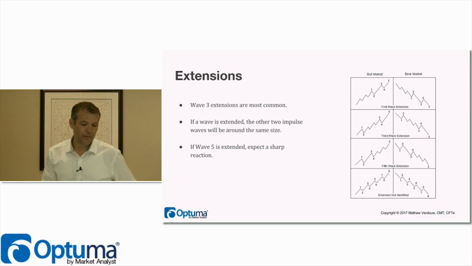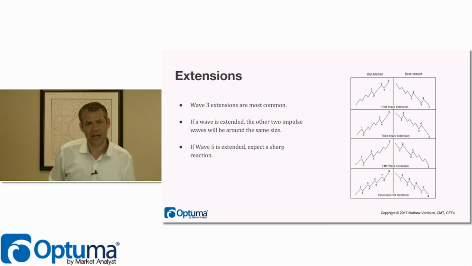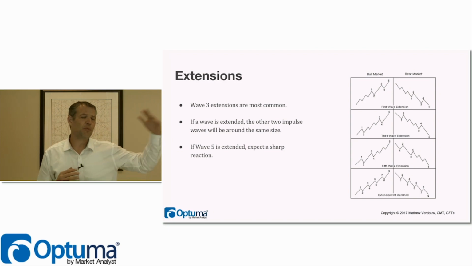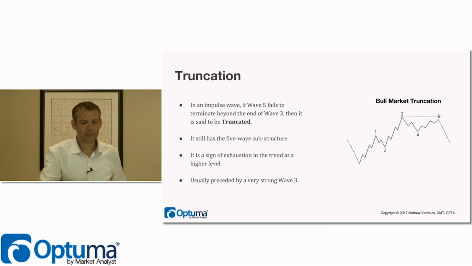And then if wave 5 is extended, expect a sharp reaction, a sharp correction out of that wave. It's almost like in Dow theory where we talked about the end of the market, where the primary trend is about to change. Same sort of thing happening here. You get that extended move and wave 5's pushed up by all this new volume coming in, then the reaction out of that's going to be pretty big.